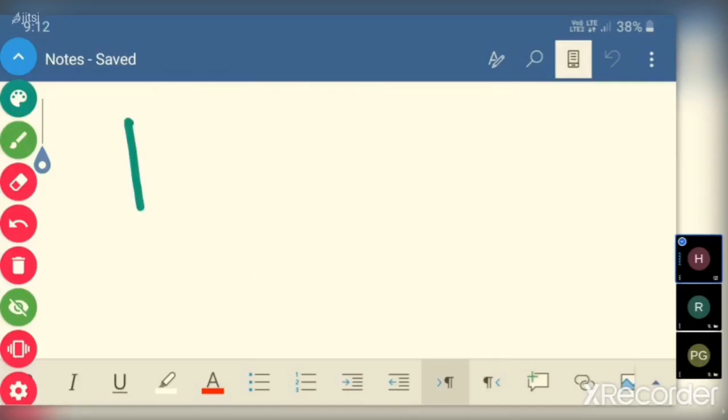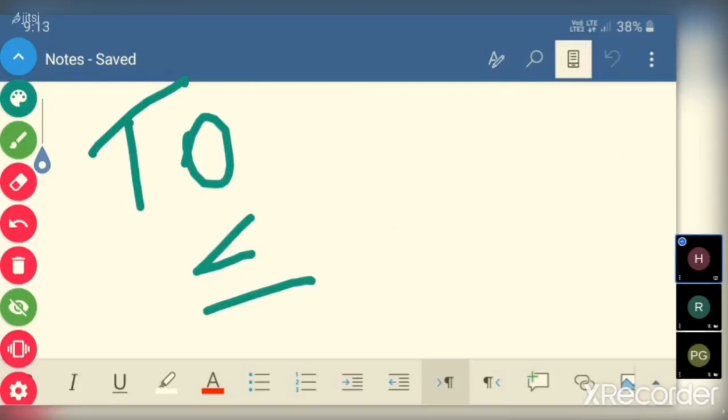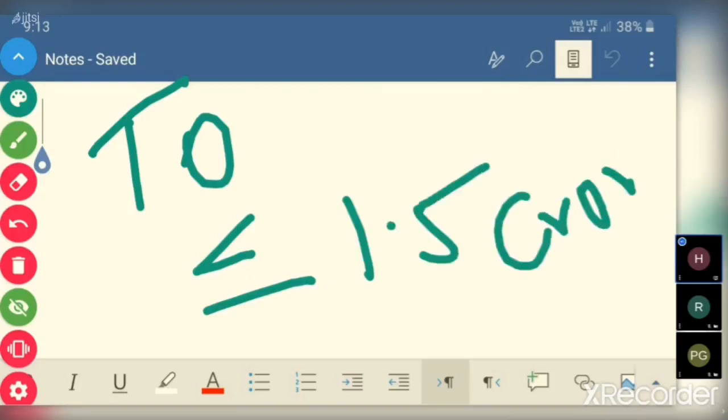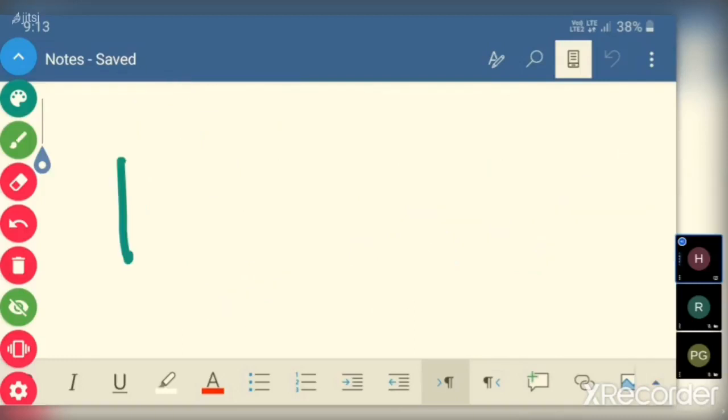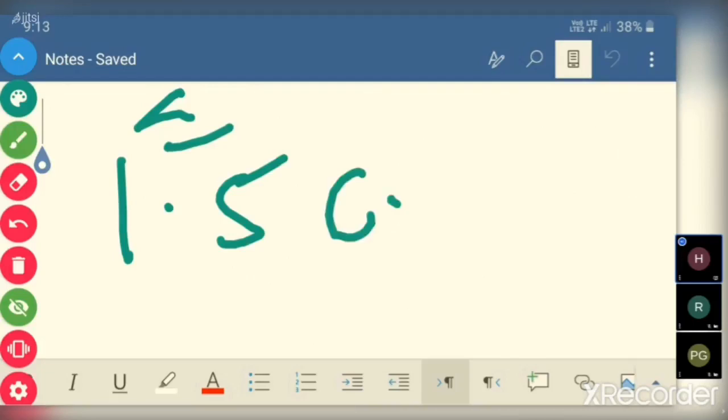Where turnover is less than or equal to 1.5 crores. Then a person can opt for the composite scheme.